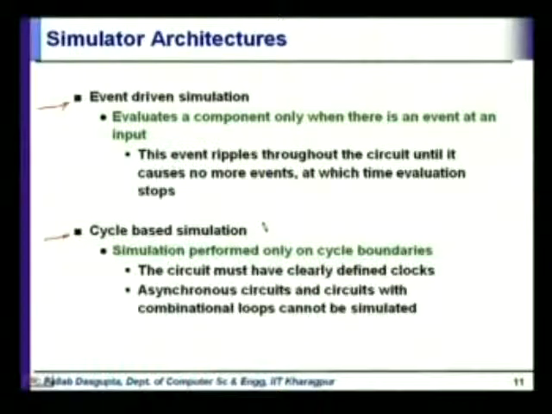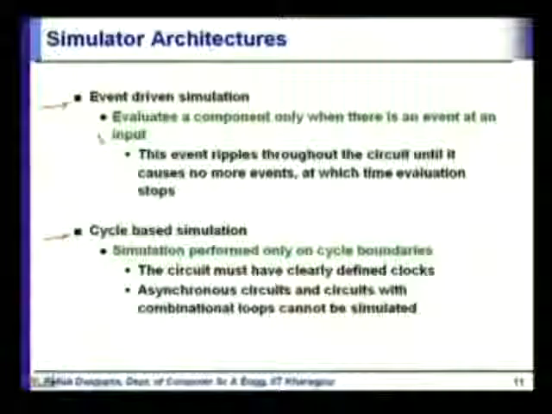That way the number of times that you simulate a gate can go down, alright. But the problem is, there we are simulating the whole circuit in every cycle, whereas in a particular cycle only a few things might have changed, right? So there is a trade off between these two, and there are a lot of hybrid simulators which will make use of this trade off.